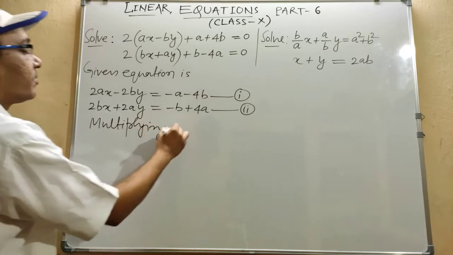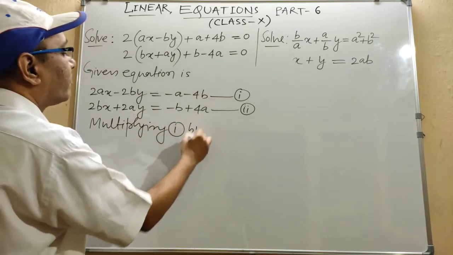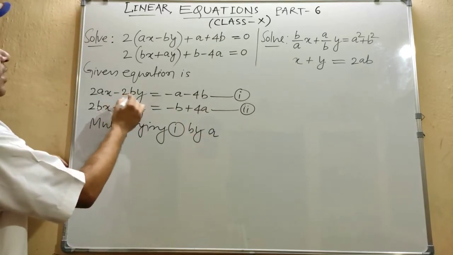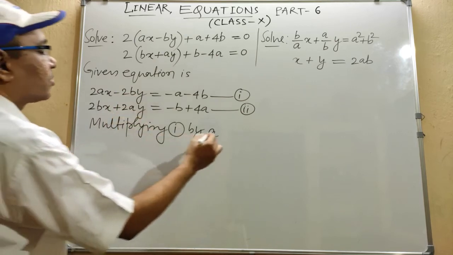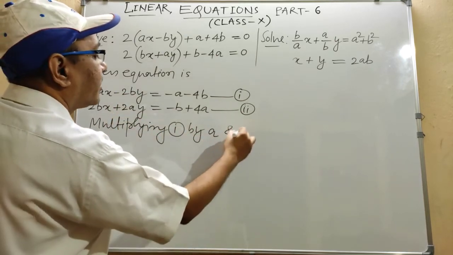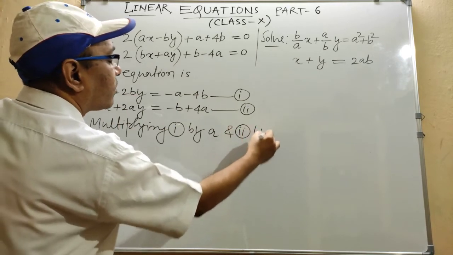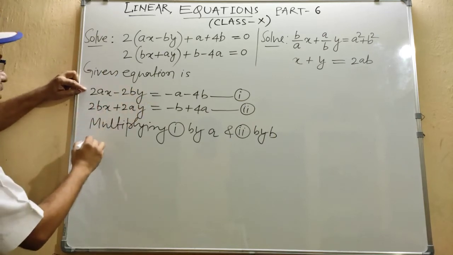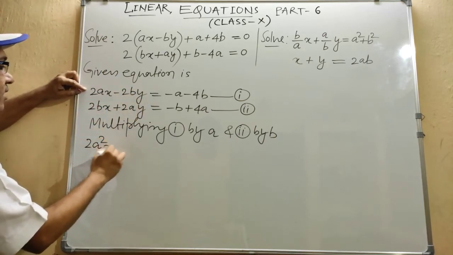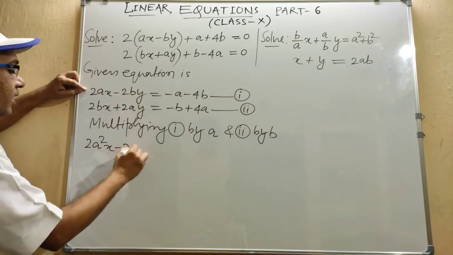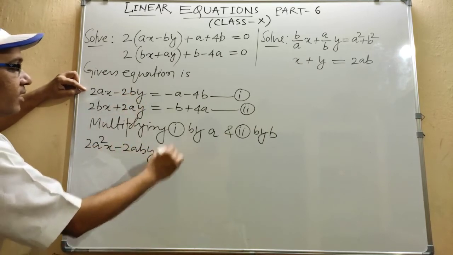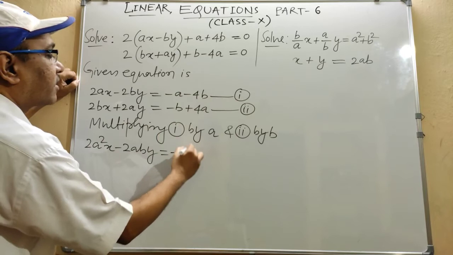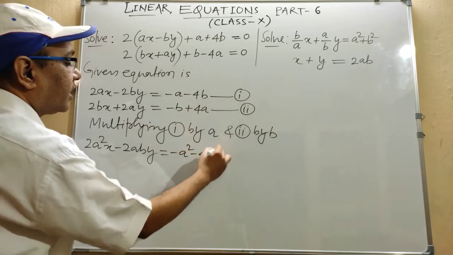Multiplying 1 by a, then here it will be 2ab. Now here a, so multiplying 1 by a and 2 also by b, then see what will happen. Multiplying this by a: 2a square x, here it is 2aby, this side also multiplied by a, minus a square minus 4ab.